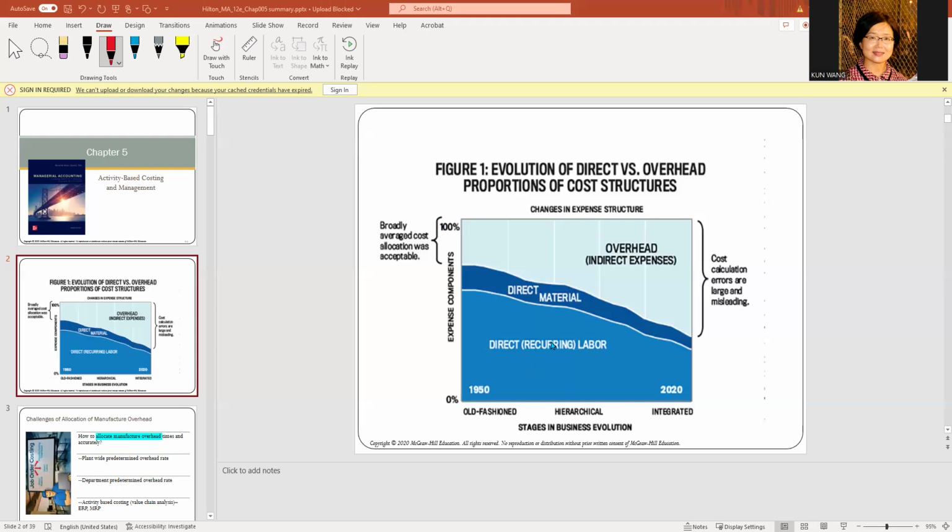The direct labor cost has almost decreased by 50% over the 70 years period. At the same time, the manufacture overhead almost doubled in the same period. And the direct material cost is relatively stable, although we observe a slightly reduced portion.